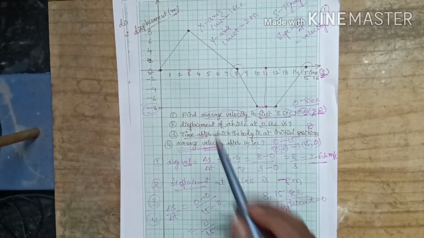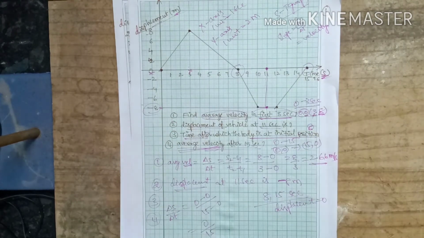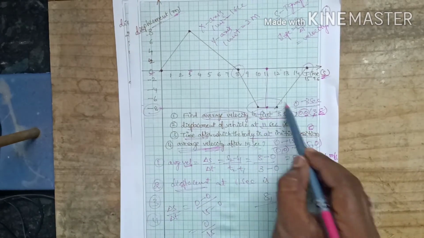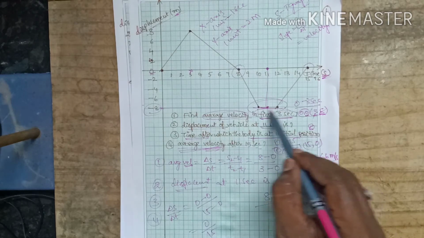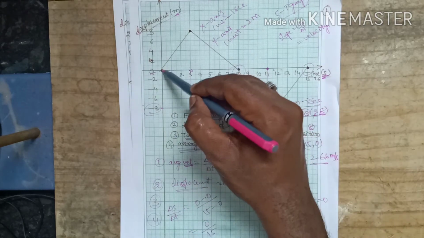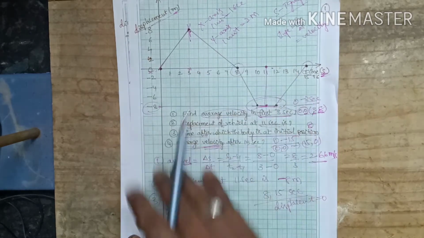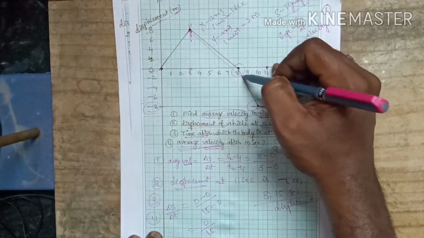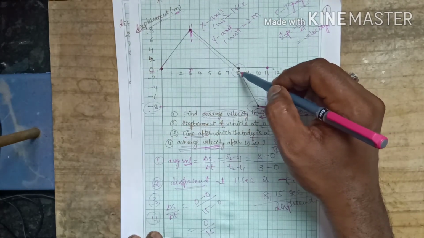How can you say that? Though time has elapsed, the body covered various displacements in various intervals of time. In this portion, the body is at rest, because the line is parallel to the time axis. In this portion, it is a straight line started from the origin, uniform motion. In this portion, the body is slowly decreasing its velocity.